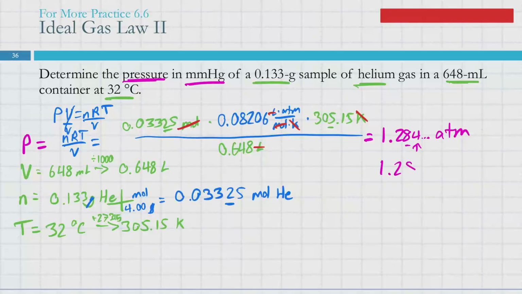We'll round that to 1.28 atmospheres. Final answer? Not final answer. What units were we asked to provide? Millimeters mercury. So we have to convert to millimeters mercury.